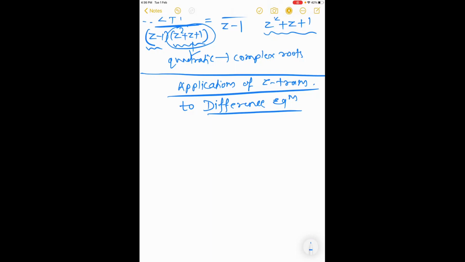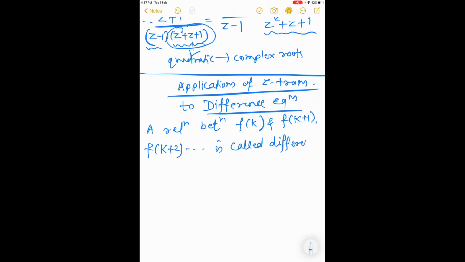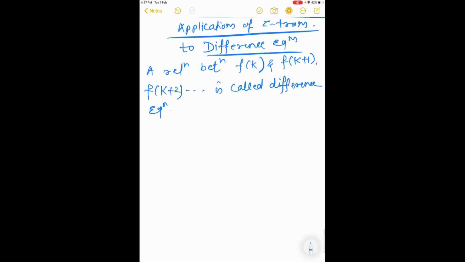So please write down this: a relation between f of k and f of k plus 1, f of k plus 2, f of k plus 3, etc. is called the difference equation. And the expression for f of k in terms of k is its solution.